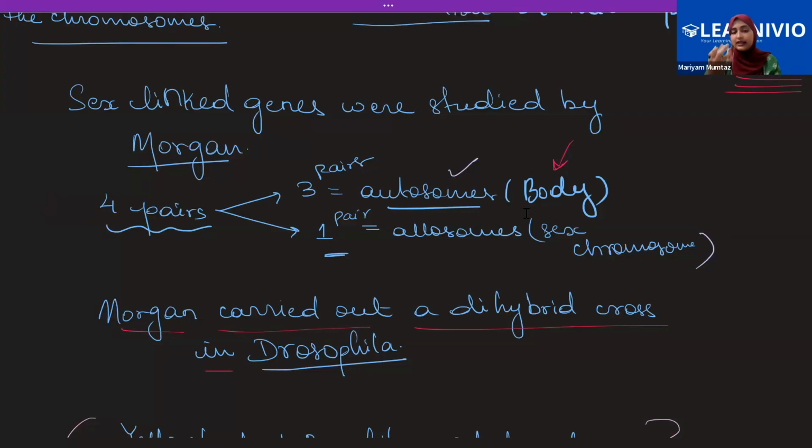T.H. Morgan was studying the Drosophila. The Drosophila had 4 pairs of chromosomes, out of which 3 pairs were autosomes, meaning body chromosomes, and 1 pair was the allosome, that is the sex chromosome. So Morgan carried out a dihybrid cross in the Drosophila.